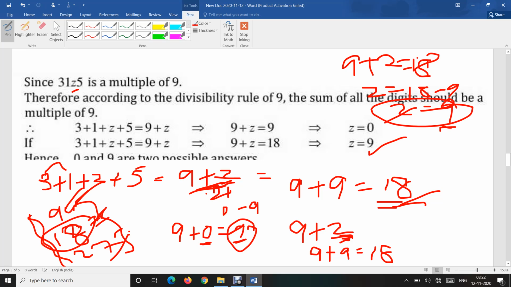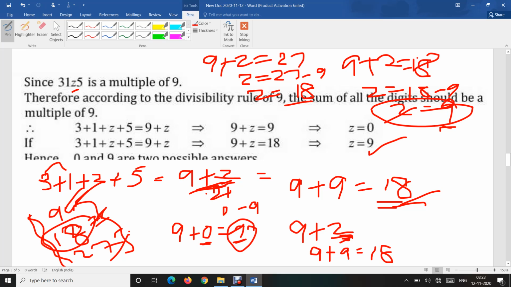The next is 27. So how will you get 27 from 9 plus z? Obviously z is equal to 27 minus 9, which is equal to 18.